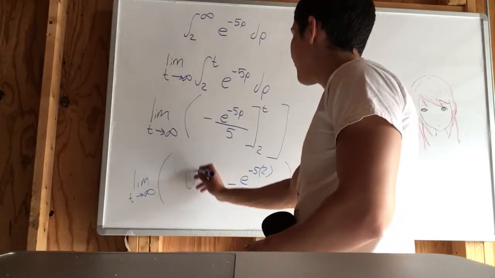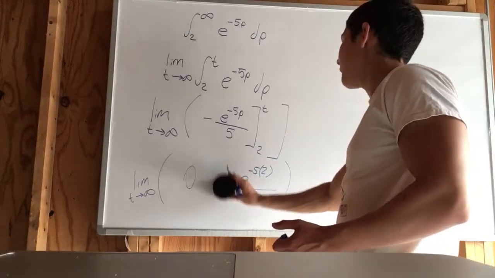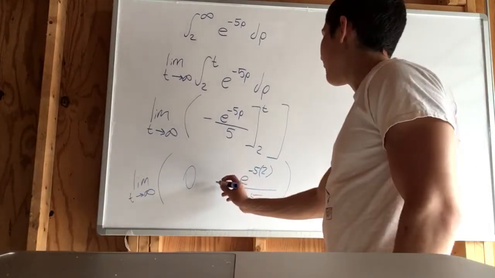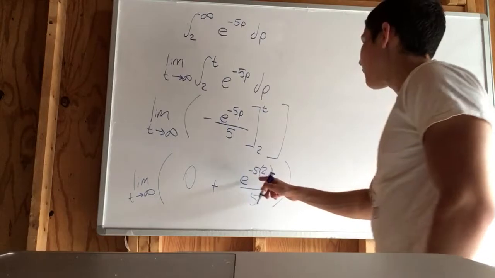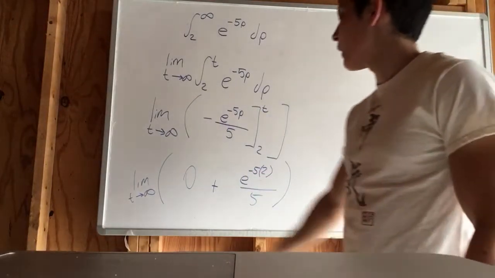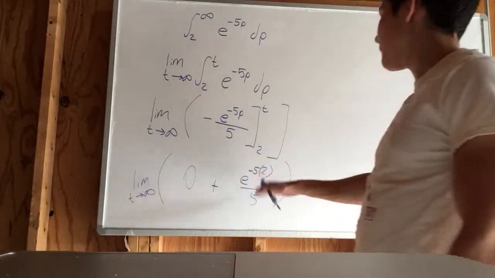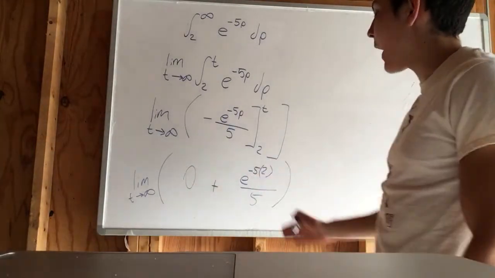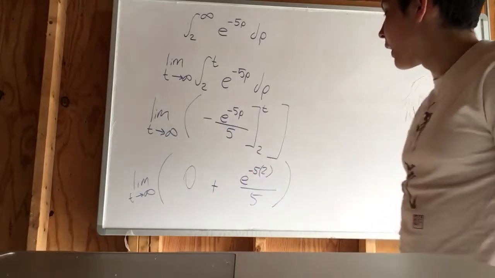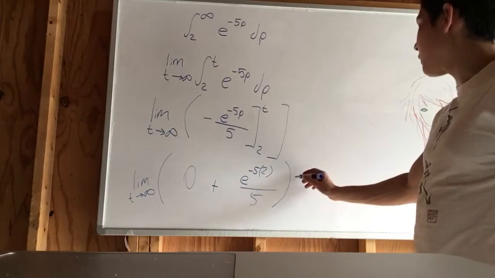So you have 0 plus, because you got a double negative here, plus e to the negative 10 over 5. You're also taking the limit as t approaches infinity of this, but this is just a number. It doesn't even have a t. So this is the answer.